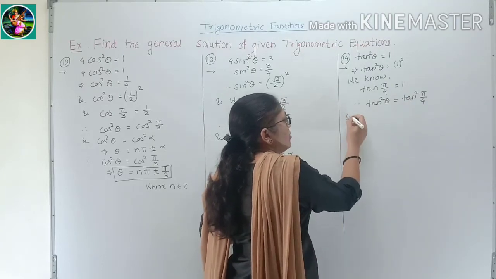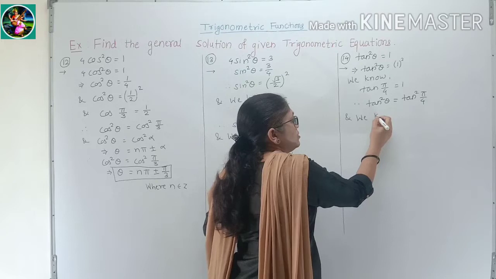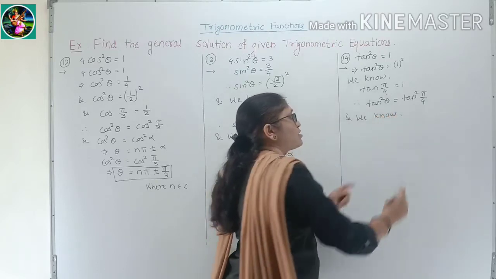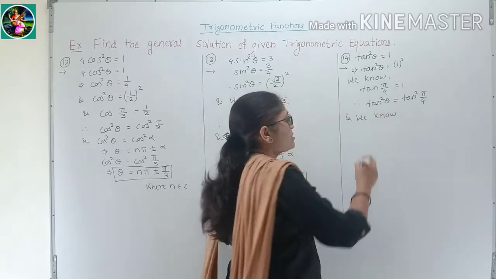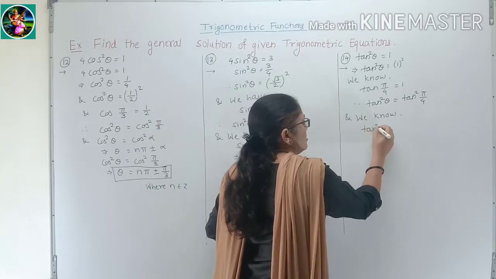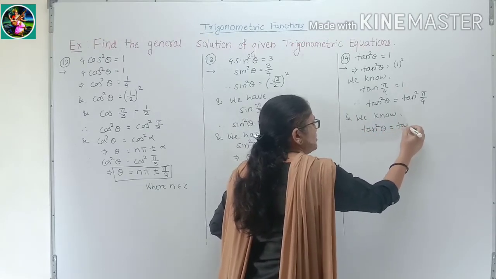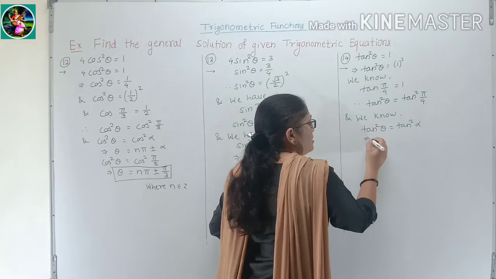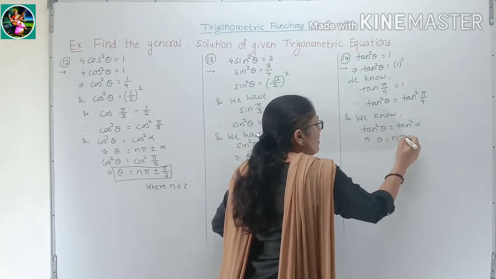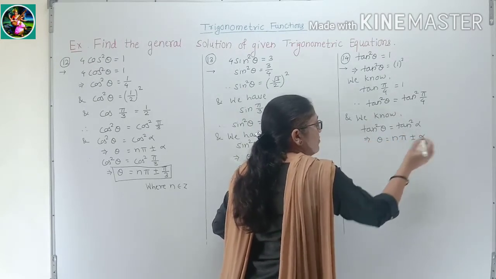Okay, and we know the solution for tan square theta is equal to tan square alpha is that theta is equal to n pi plus or minus alpha.